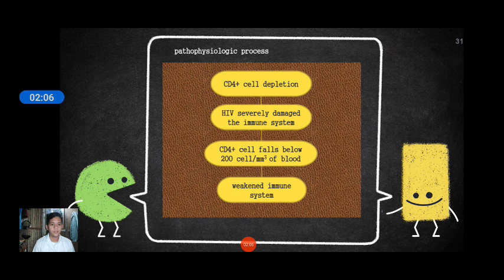So when the CD4 plus cell falls below 200 per cubic millimeter, the person is identified as a person with AIDS.